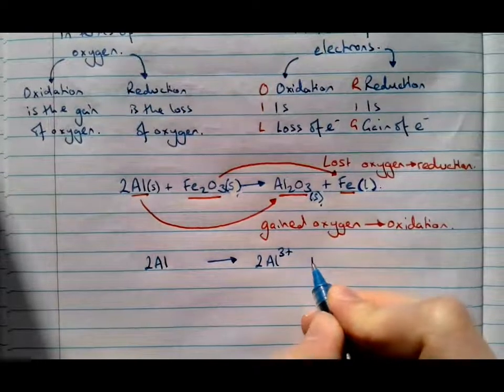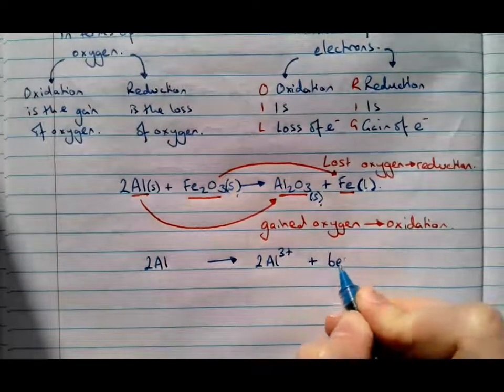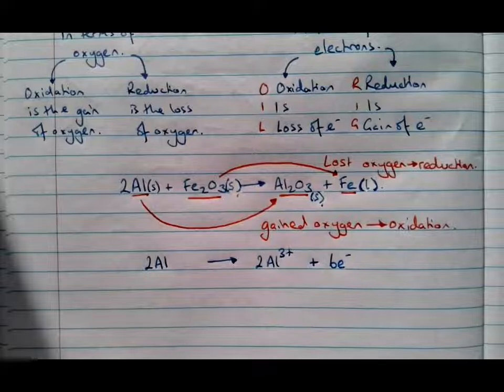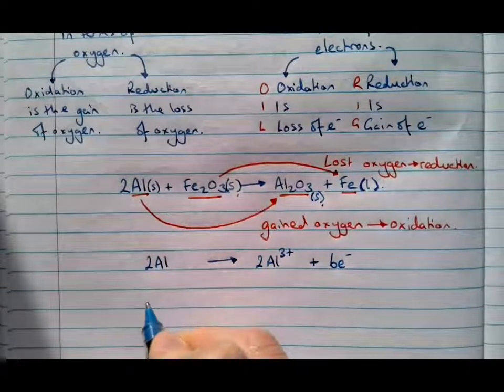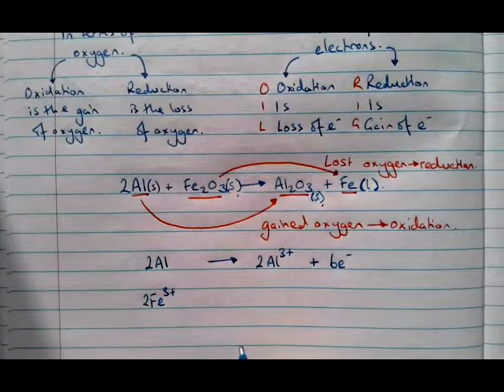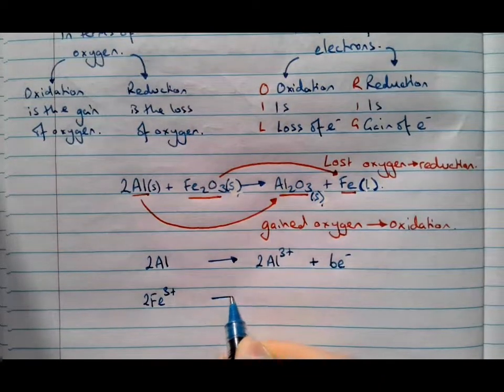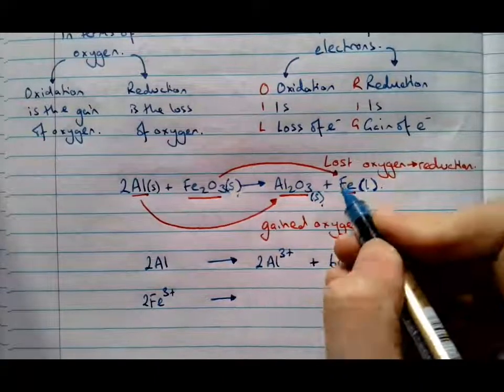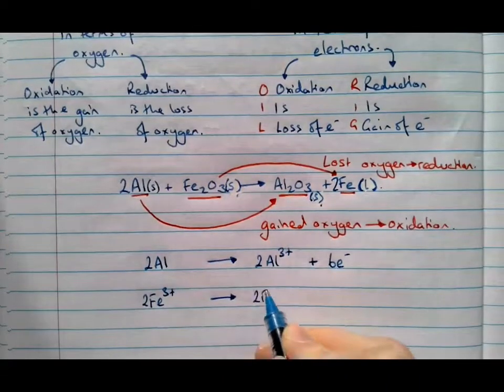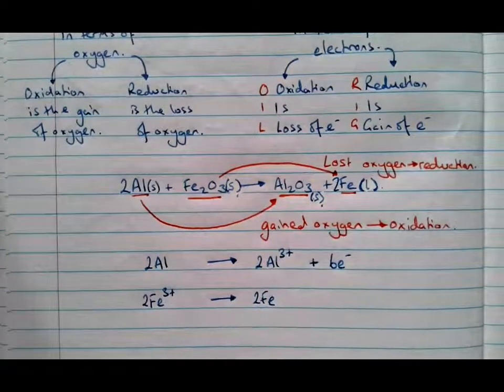Well, I lose 6 electrons. Iron, there are 2 Fe's, and they form, that needs to be balanced, 2 Fe atoms. How do they do that? Well, they gain 6 electrons.